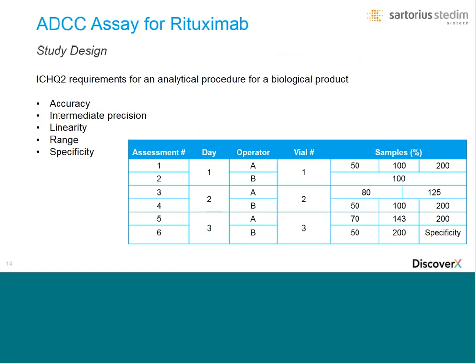They used this particular study design shown in the table here, where they were assessing accuracy, intermediate precision, linearity, range, and specificity over the course of 3 days with 2 different analysts, and over the range of 50 to 200%.